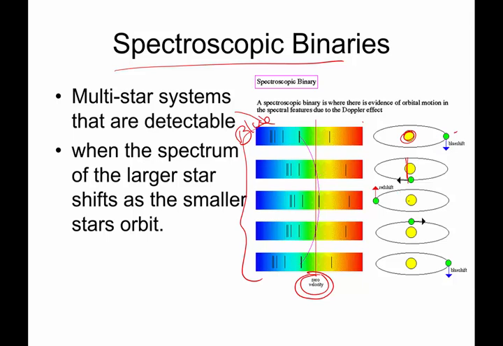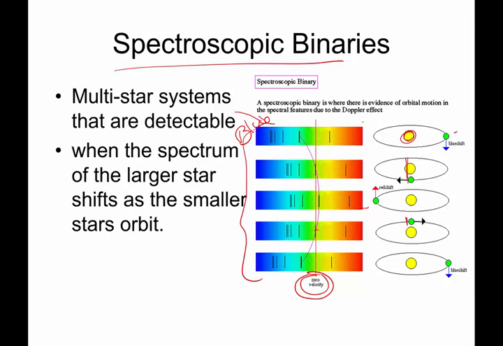When the little star is now on the other side of the big star, the stellar spectrum is shifted a little bit towards the red end of the spectrum. And as it goes around and it's side by side again, it's back to normal, and when it's behind again, it's shifted towards the blue.